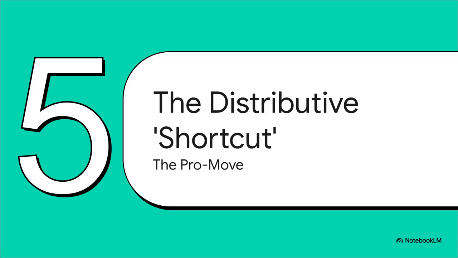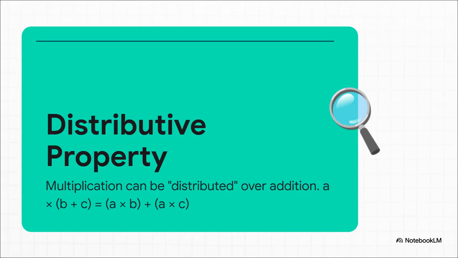All right, let's look at one last property. And this one isn't just another rule you have to memorize. This is a genuine pro-level move for making hard problems way easier. It's a fantastic shortcut. It's called the distributive property, and what it means is that if you're multiplying a number by a group of numbers being added in parentheses, you can distribute that multiplication to each piece inside first. It's like you're handing something out to everyone inside the parentheses.